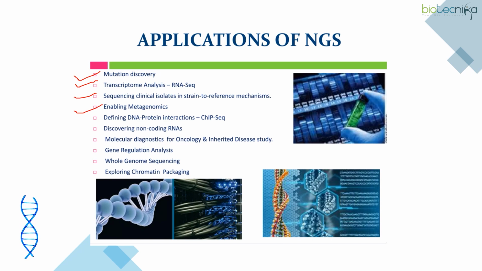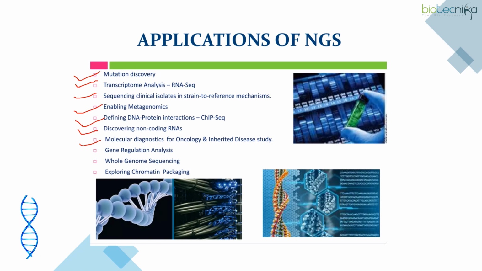You can even look at DNA and protein interactions with the ChIP sequencing technique. The NGS technique will also help you discover non-coding RNA sequences. It will also help us discover molecular diagnostics for oncology or inherited diseases of your targets.